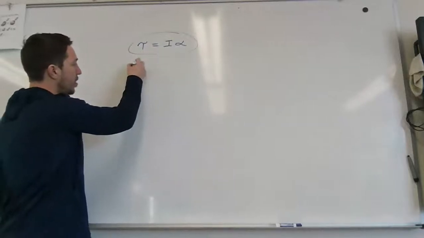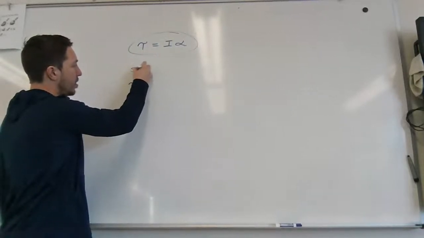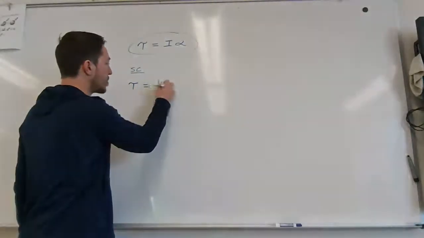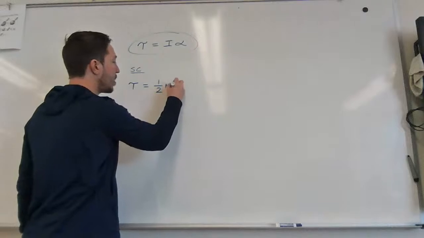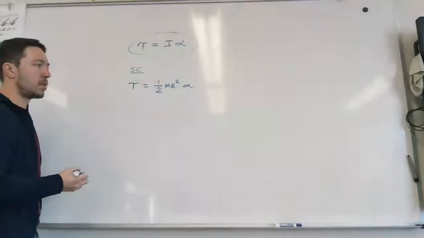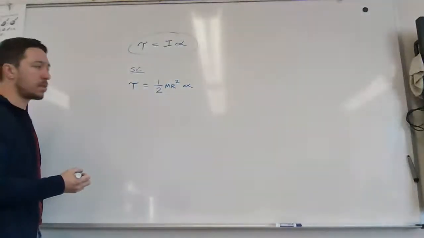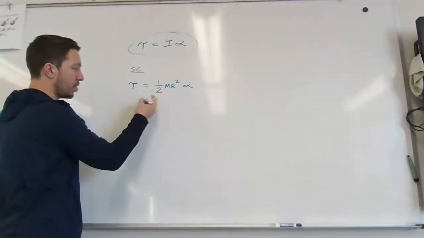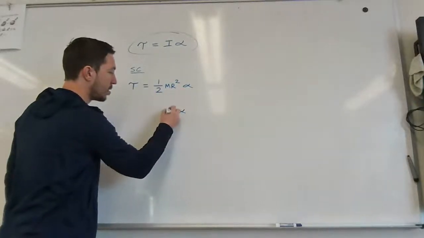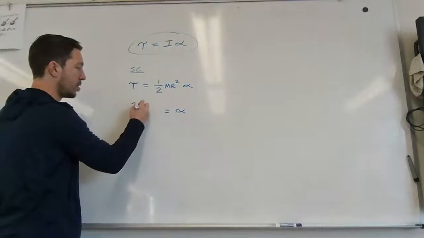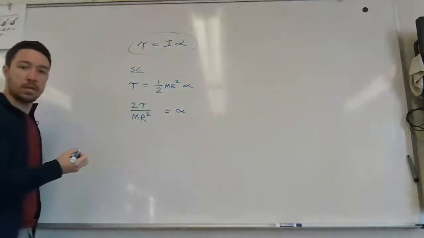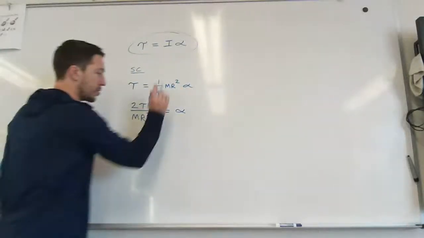So for the solid cylinder, torque equals I alpha, right? So I could write an expression for this: alpha is 2 tau over m r squared. We okay with that?